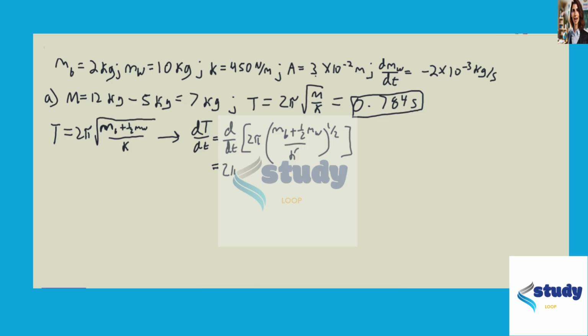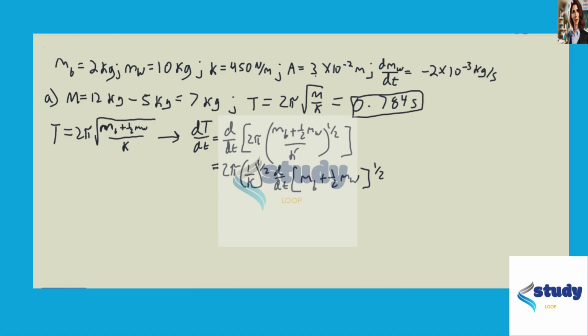We're going to take the 2 pi out. We're going to take the 1 over k out because that doesn't change with time. And we have d/dt of (mb plus 1/2 mw) to the 1/2.